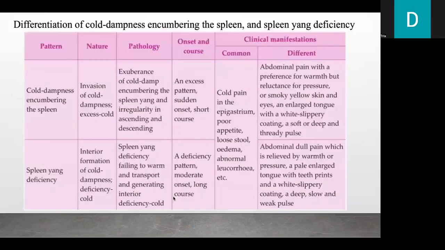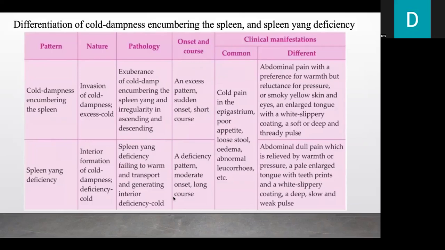The differentiation of cold dampness encumbering the spleen and spleen yang deficiency. In the cold dampness encumbering the spleen pattern, the nature would be invasion of cold dampness and excess cold. The pathology would be exuberance of cold damp encumbering the spleen yang and irregularity in ascending and descending. The onset and course would be an excess pattern, sudden onset, short course.